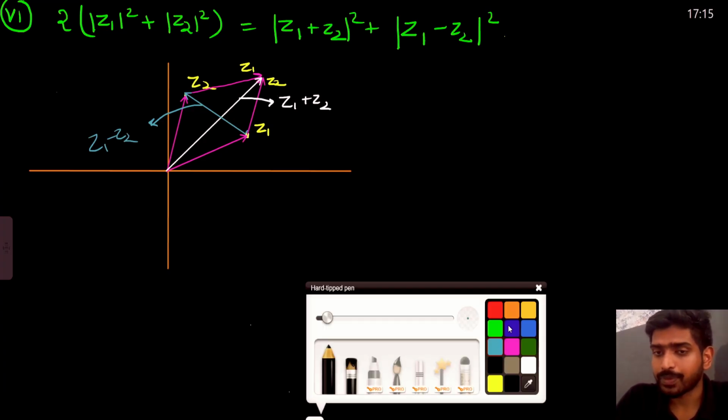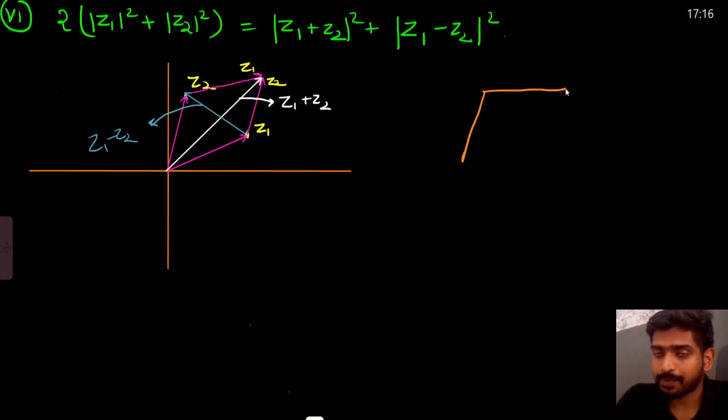Got it? Now there is one property of the parallelogram. Suppose this is a parallelogram with side lengths a, b, a, b, and this diagonal is d1 and this diagonal is d2.